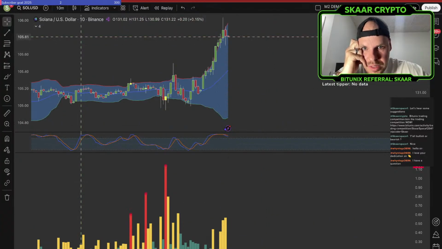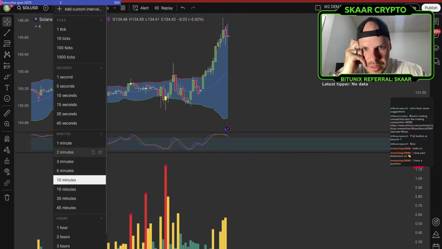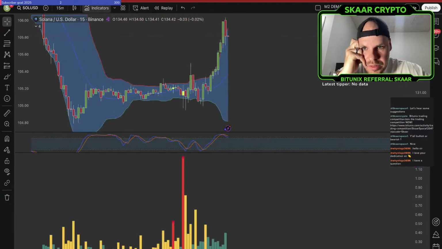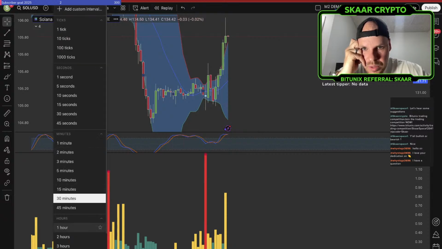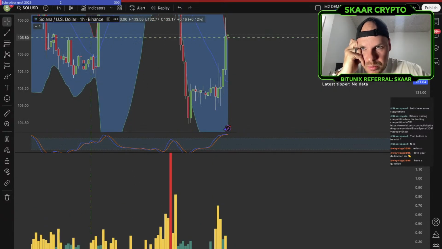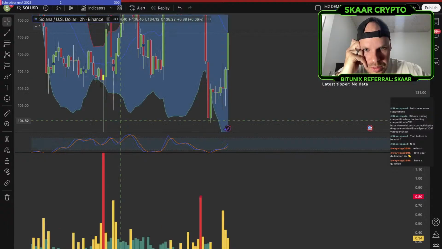But we're also looking at the 10-minute time frame, looking like it's gonna crash. 15 is gonna crash. 30 is looking like it could crash. 1 hour looking oversold as well. 2 hours.